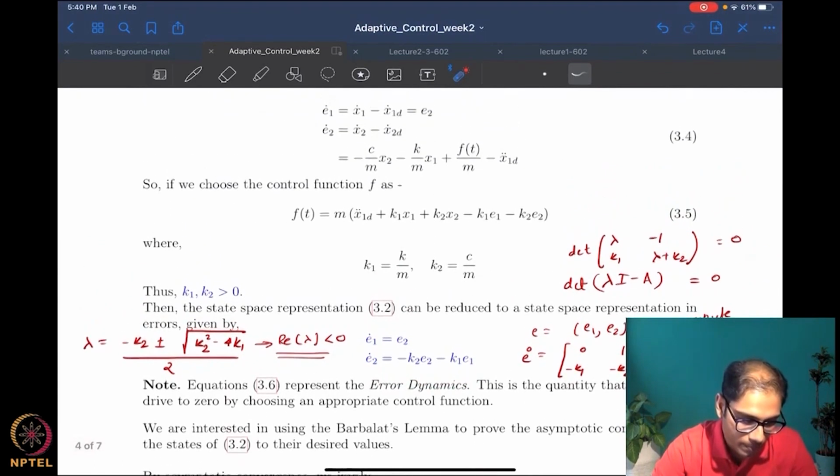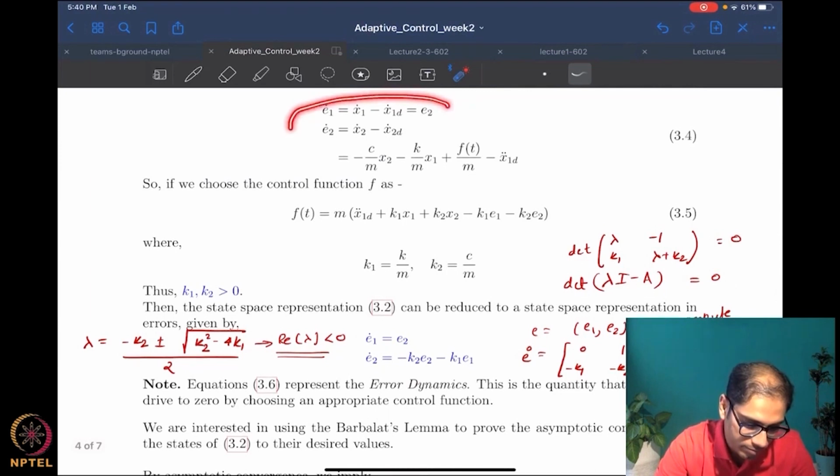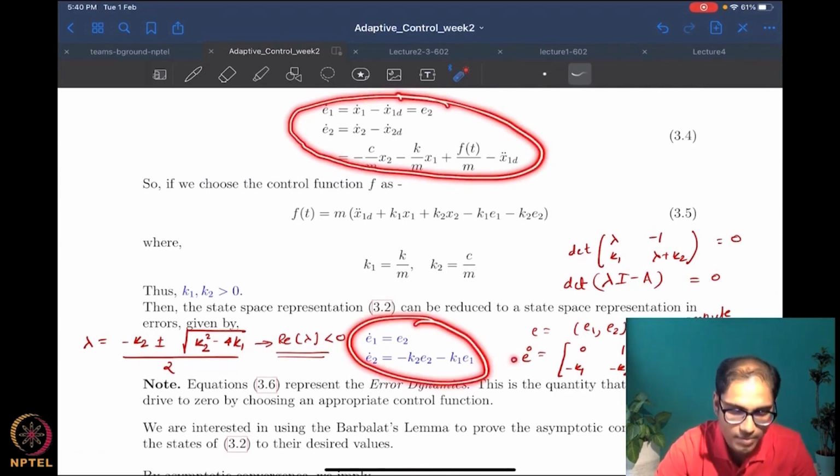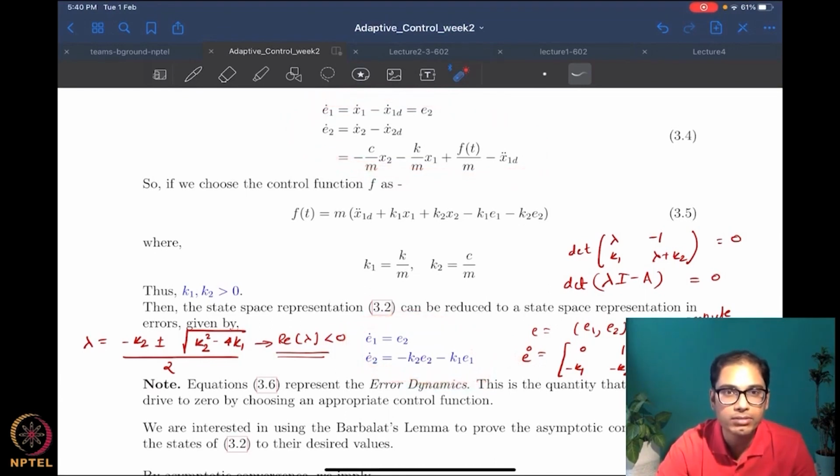So what do I want? I want this system to follow this system, that is, to be the same as this system. Because if I can make 3.4 and 3.6 the same, then I'm done, because my system is globally exponentially stable. Great. So how do I do that? Why do I use this target system?